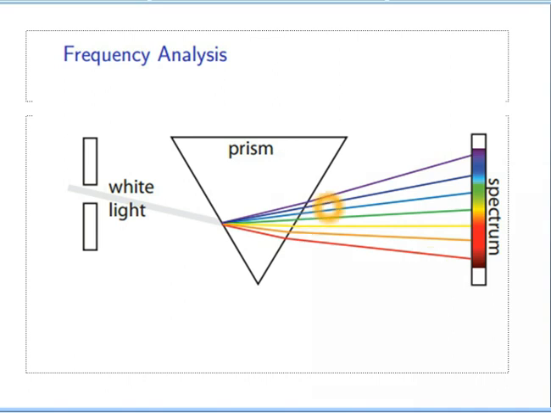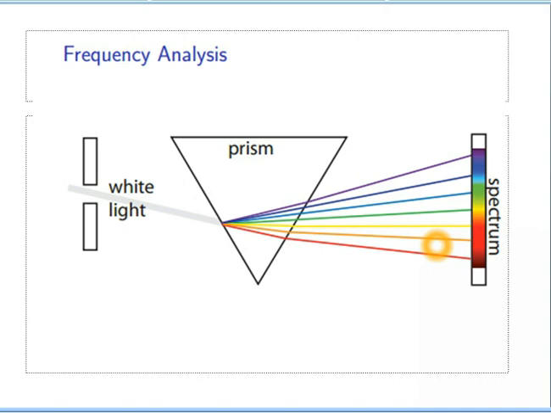This is actually a Fourier analysis, a frequency analysis. We split the light into 7 different colors with 7 different frequencies: violet, indigo, blue, and so on, as you learned in previous physics classes. That's one example of a Fourier analysis.